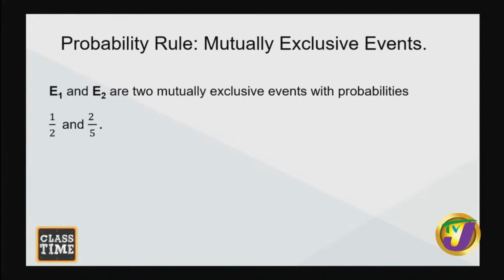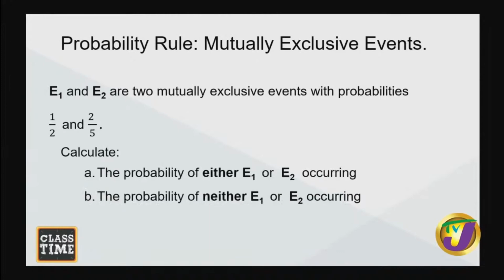Now, we have 2 questions. What is the probability of selecting either event 1 or event 2? And what is the probability of selecting neither of the two? So we are still doing probability, but it is in a different format.